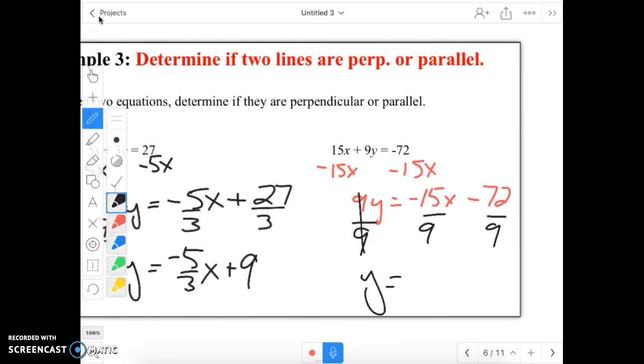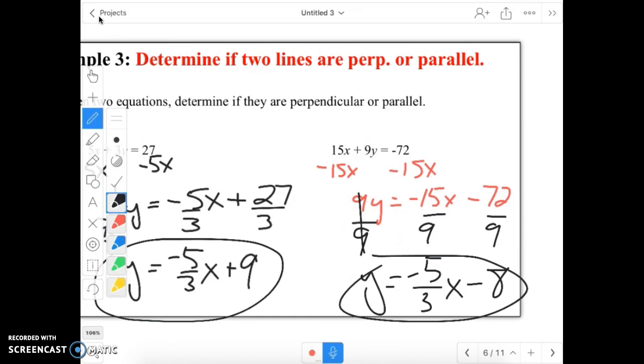Y equals, we can simplify that down by taking out a 3 to negative 5 thirds x, and then that would be minus 8. So since these two things have the same slope, those will be parallel to one another.